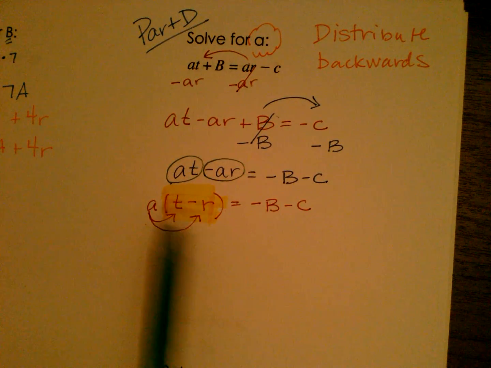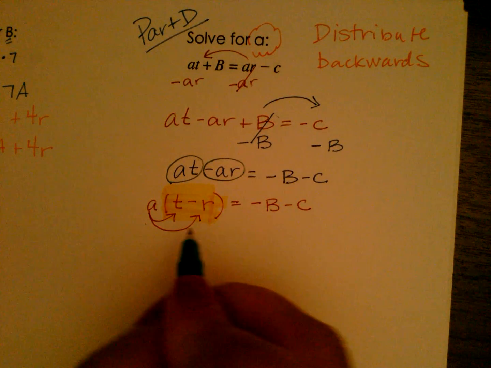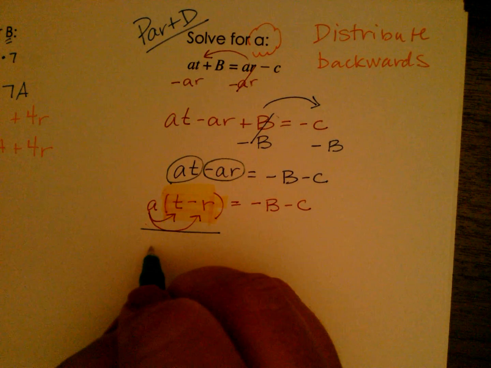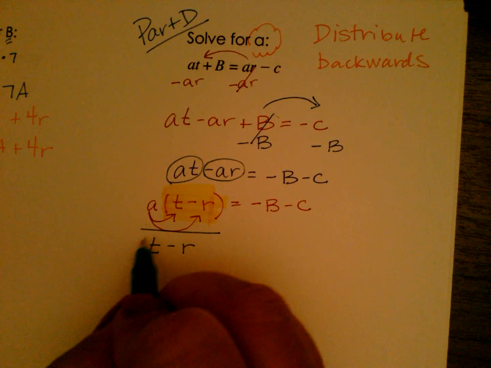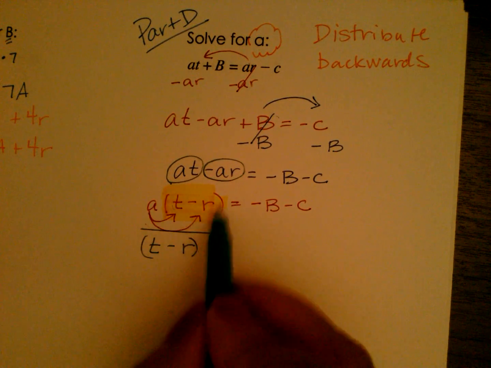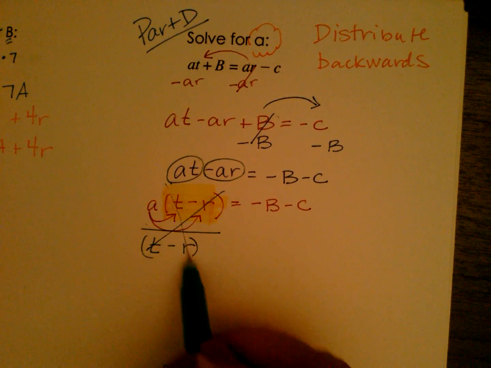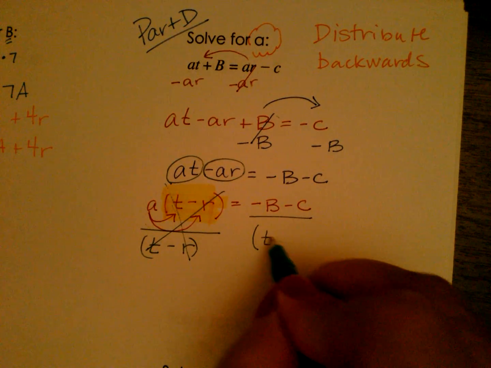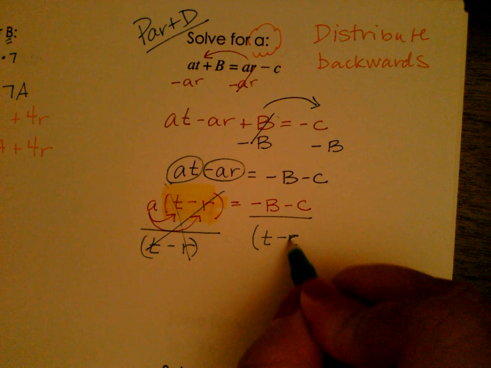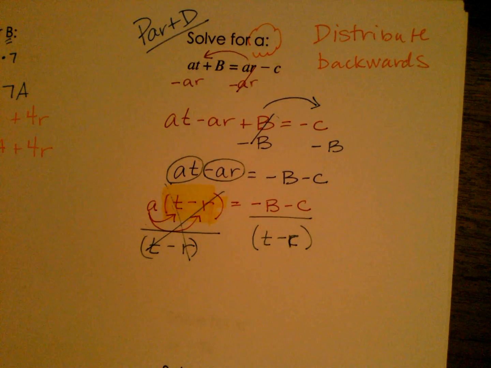A written outside the parentheses means multiplication. So to undo that, I'm going to divide by the whole group. I'm going to take A times that term. To undo it, I will divide. Then I will come to this side and divide by the whole group.